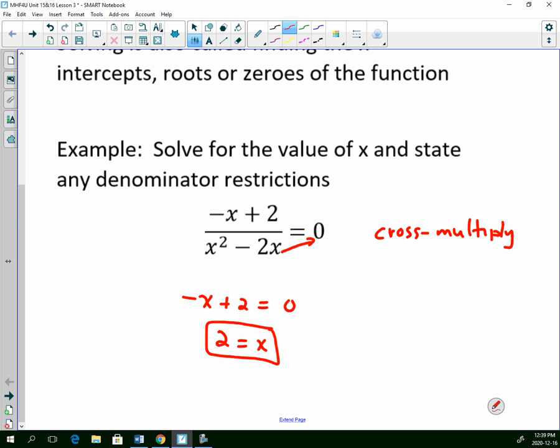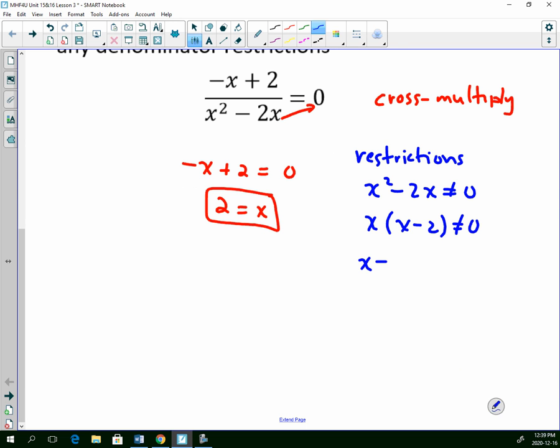I also want to state any restrictions. So my restrictions are based on the denominator. This denominator cannot equal 0. I'll have to factor to determine that. So I have two factors, so either x can't be 0 or x cannot be 2.